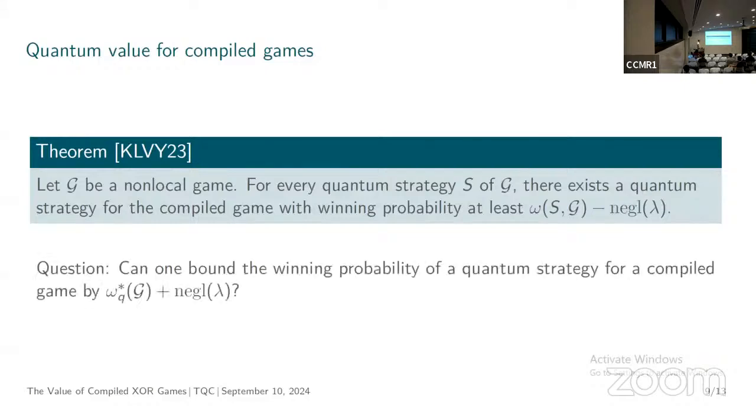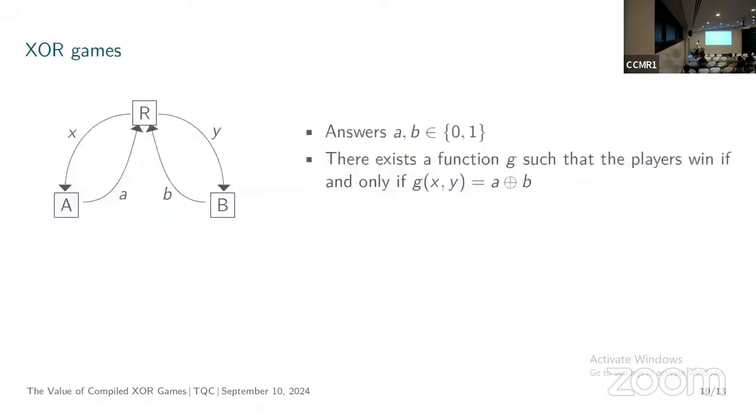And then, of course, we ask whether we can also bound the quantum value. If I have a quantum strategy for a compiled game, does it do no better than any non-local strategy? What we did is prove this in the case of XOR games.